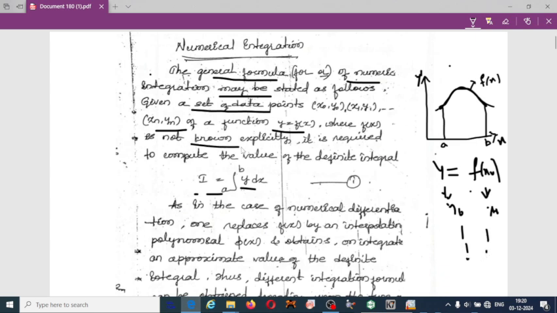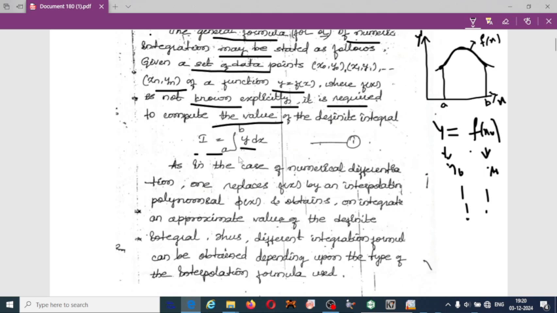When f of x is not known explicitly, it is required to compute the value of the definite integral. At that time, with the help of the definite integral from a to b, the limits, we can find the numerical value. Here is the general formula for numerical integration, I equal to integral a to b y dx. Let us consider this as equation 1.